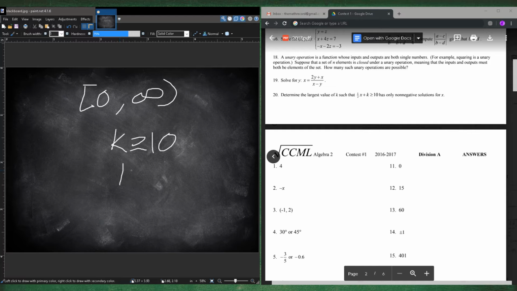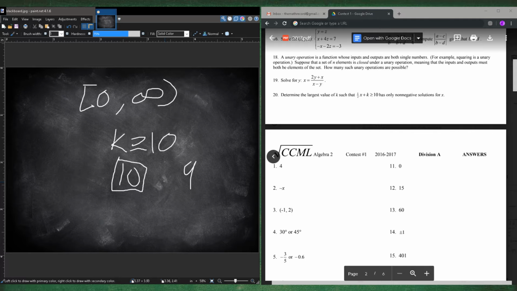So it's just going to be 10, right? Since it has only non-negative solutions, that's the largest value of k. It's basically that simple. K is greater than or equal to 10, so you just put 10, because you can't go less than it.